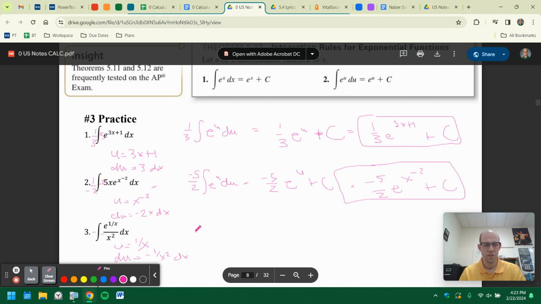So this will be the negative integral of e to the u du, which you can see how this all plays out again. So I'm going to skip a couple steps. E to the u is really e to the 1 over x power, and that negative sign in front, and then plus c to end it.